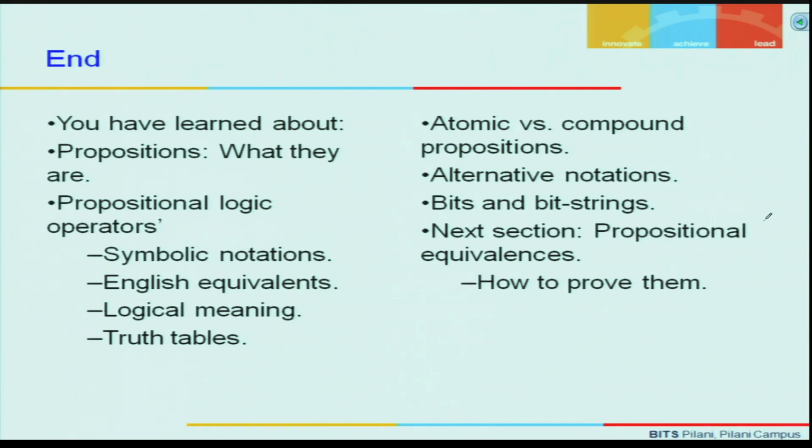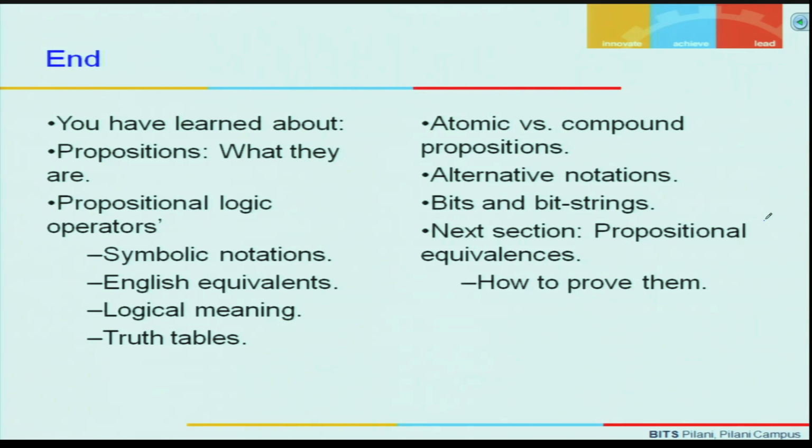Similarly, you can make it here. And given a compound statement in propositional logic with each proposition having some meaning in English, then we know the meaning of this compound statement. And we have learned about truth tables.